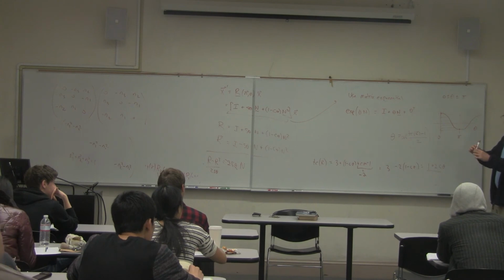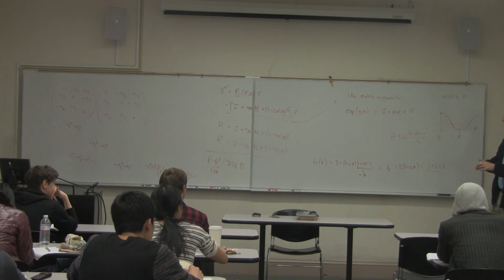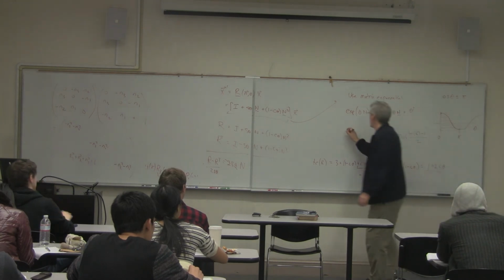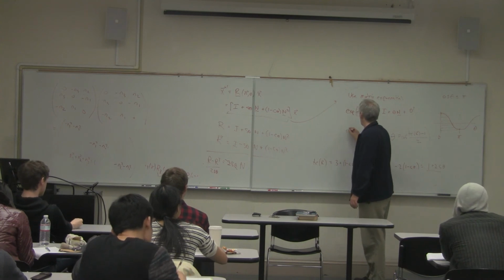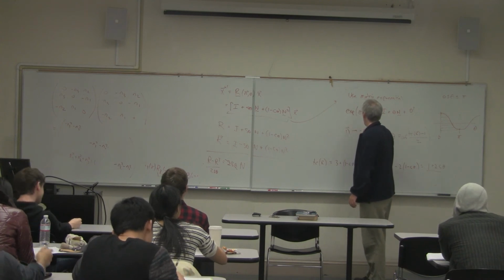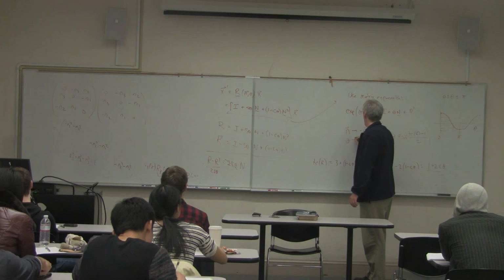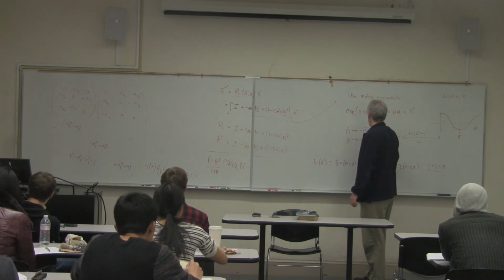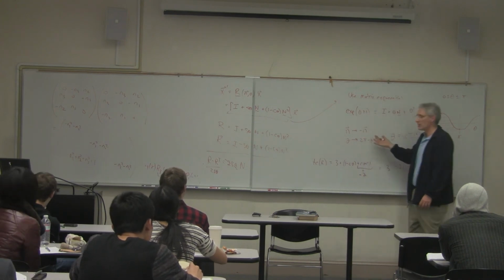But if you allow n to go over the whole sphere, and you let theta go from 0 to 2 pi, then you have a redundant description of rotation, meaning if you take n going to negative n and theta going to 2 pi minus theta, it's the same rotation.